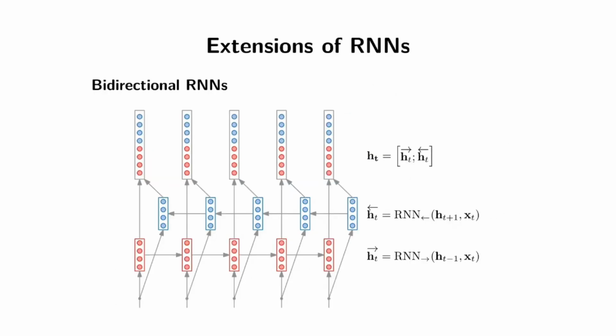So let's say, I'm just going to simplify here, we have "a long time", and this is my x1, and this is my x2, and this is my x3, this is x4, and this is x5, right? And then let's say at this time step we're predicting a distribution over the next word.